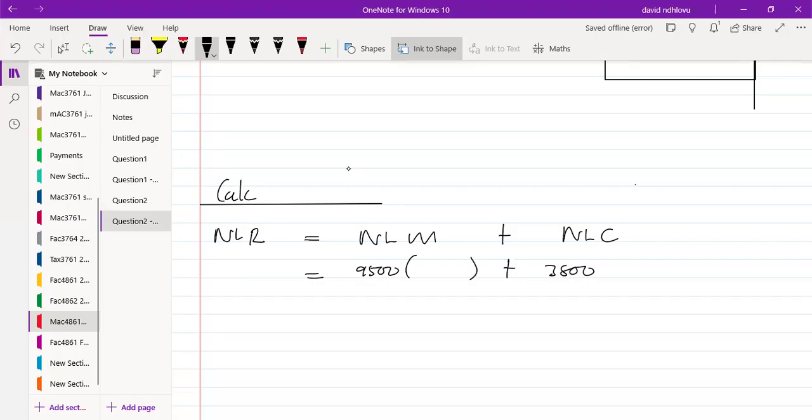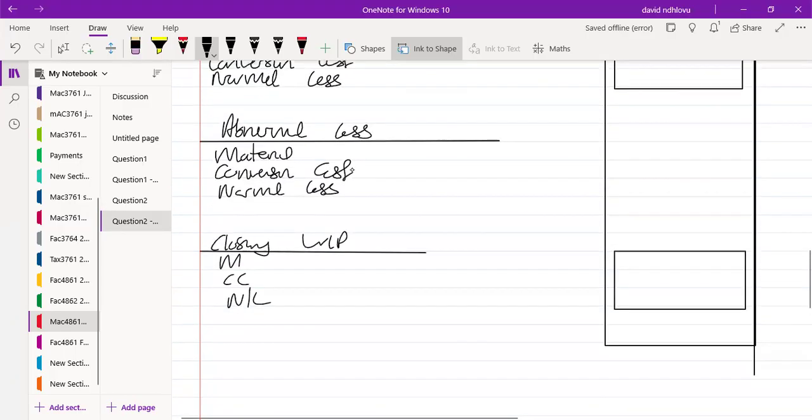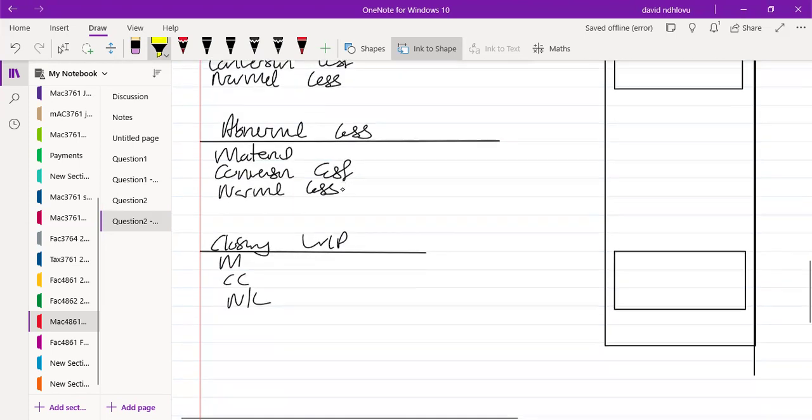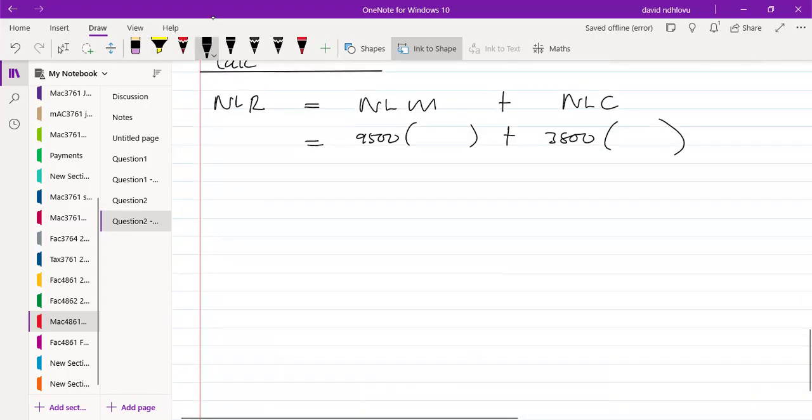But we want the rand value, so you need to multiply each unit by the cost per unit for material and for conversion costs. So now you go to the production cost statement, where here it was 6.53, here 8.36. So here multiplied by 6.53, here multiplied by 8.36, which is the cost of material per unit.